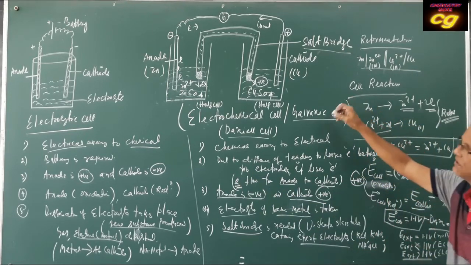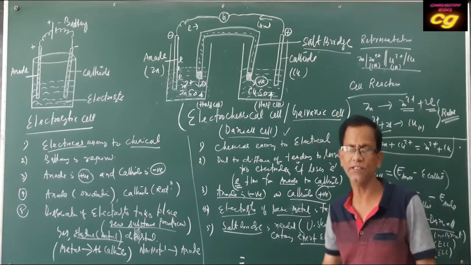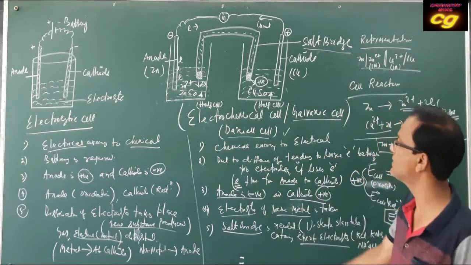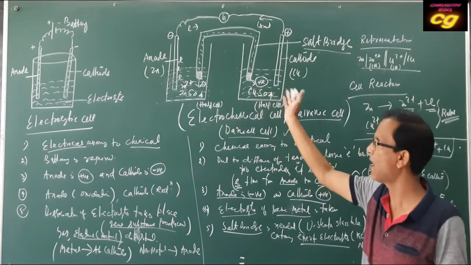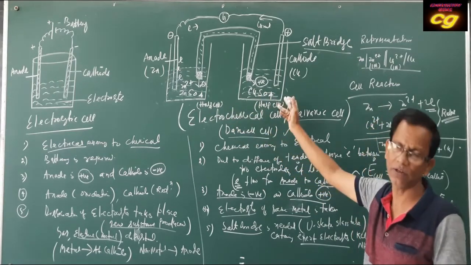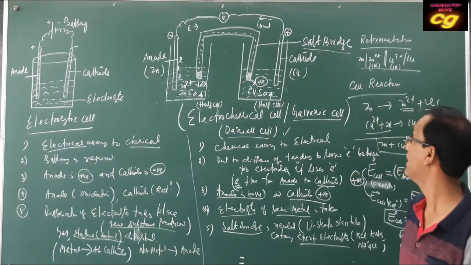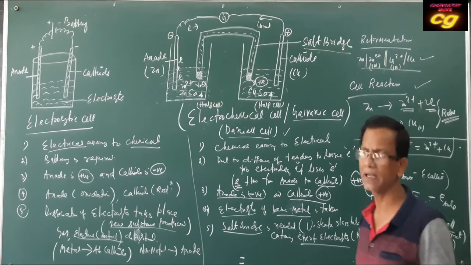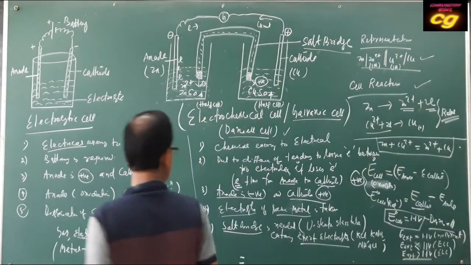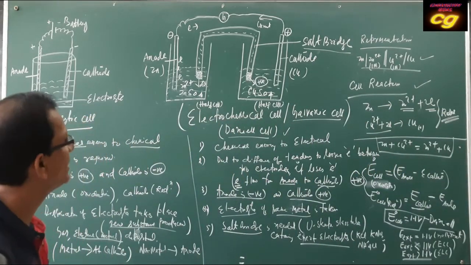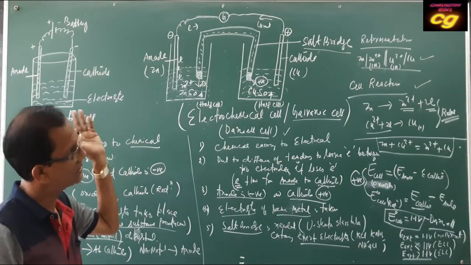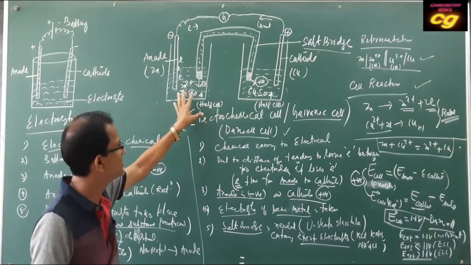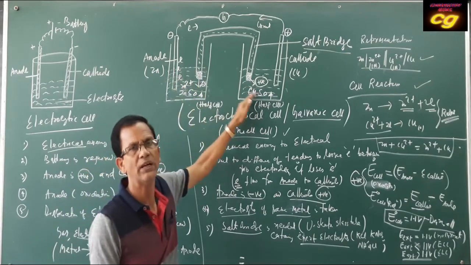A specific electrochemical cell is the Daniel cell. In the Daniel cell, the anode half cell is zinc and the cathode is copper. This is the cell representation and the cell reaction of the Daniel cell. You should practice many different types of electrochemical cells, and you can write the reaction on the basis of which is anode and which is cathode.